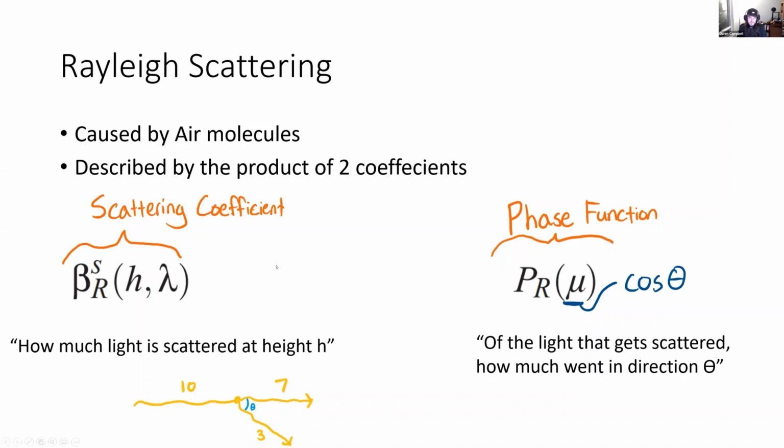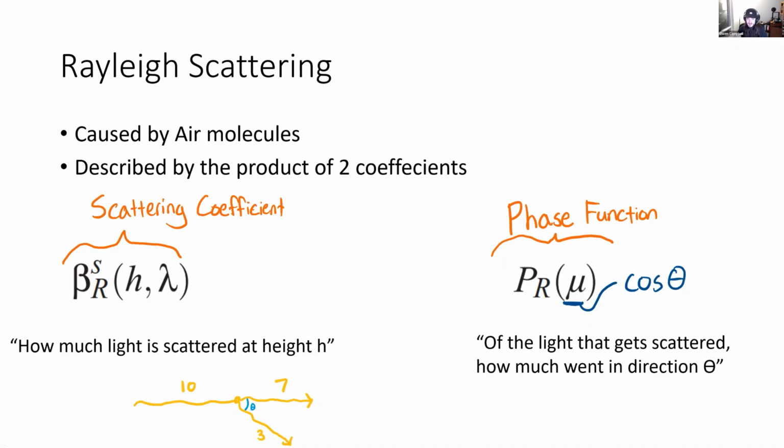There's two coefficients that we multiply together to figure out the scattering. The first, the scattering coefficient, is basically saying that at a height h, how much of the light got scattered. It doesn't say anything about where it got scattered, just how much of it left the original direction. And then you also have the phase function, and this is where the direction comes in.